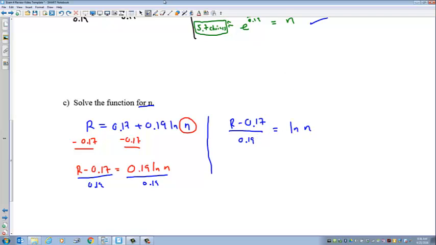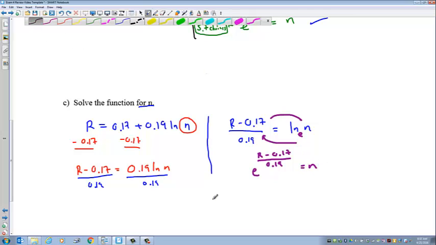And then remember, we're going to do what the log says. So this is where our students typically get stuck, because they're like, well, what do I do from here? Well, you just do what the log says. There's a little e down here we don't write, but it says e to this is that. So I know that e to the r minus 0.17 divided by 0.19, that's all in the exponent, is equal to n.